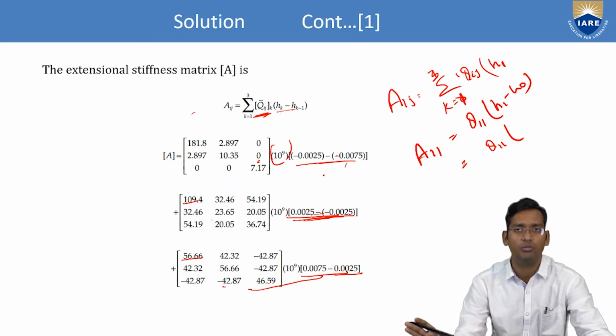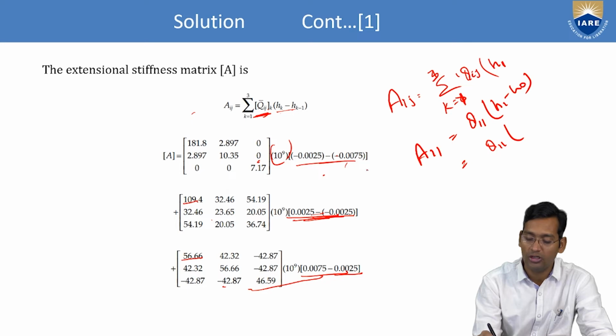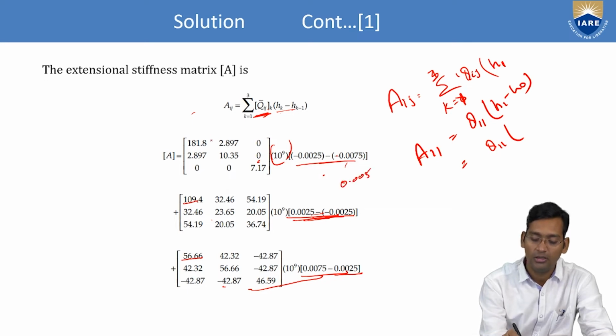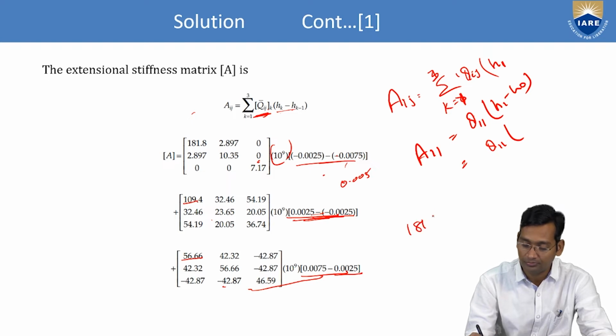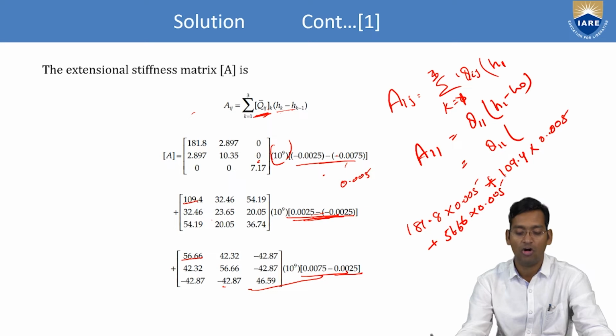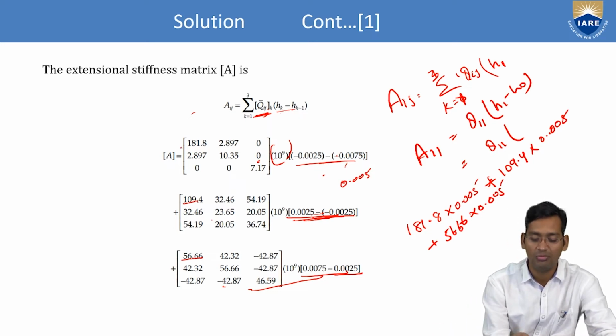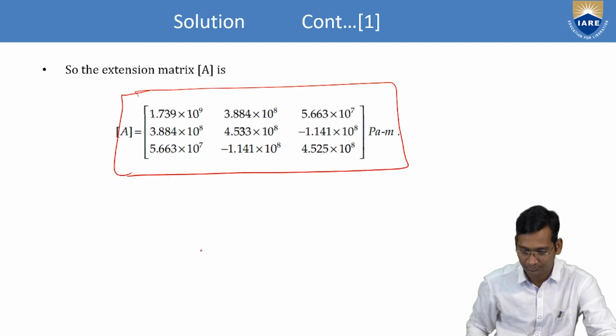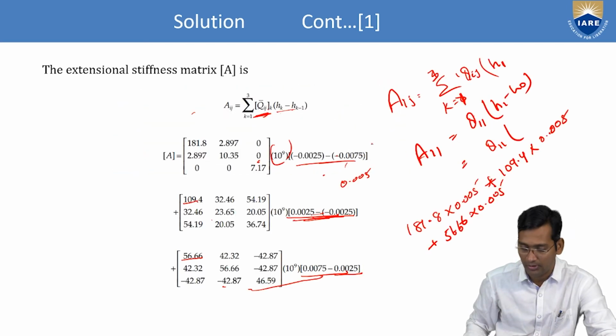So just keep 10 to the power 9 outside, and take only this value minus 95. Here what you are getting is 0.005 multiplied. So we will have 181.8 into 0.005, plus similarly here 109.4 into 0.005, plus 56.66, this term into the difference of this one, that is also 0.005. In other words, you can take 0.005 common, just add these three, and simply you will get here.